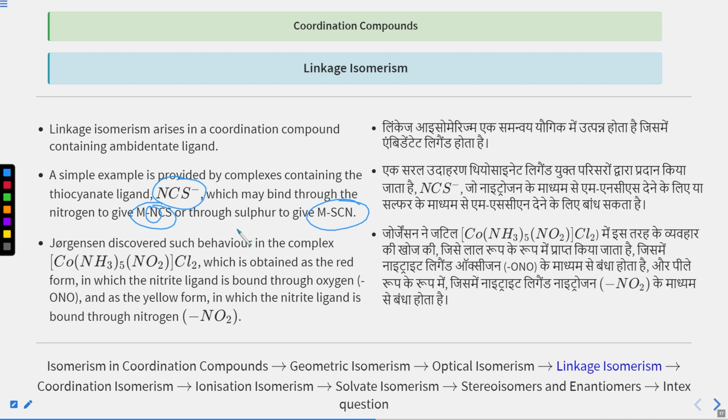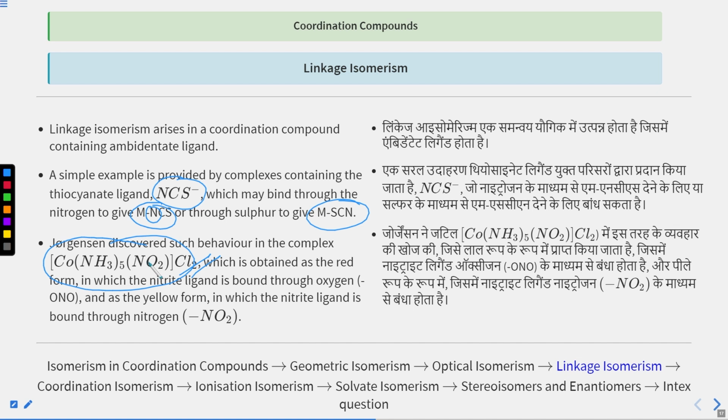Is it clear? Okay. Now NO2 can also bind through two sides, which can be ONO and from the nitrogen side. So it can chelate through N and oxygen both. Clear? So if I ask you for this compound, what is the number of linkage isomers that are possible? We would say two isomers.